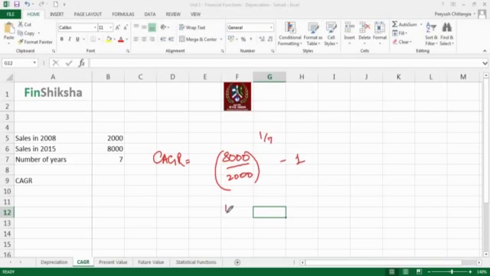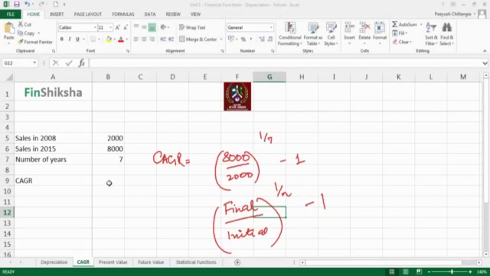In other words, if we generalize the formula, it's the final number divided by the initial value, raised to the power 1 by the number of years n, minus 1. That's the generic equation we have to solve for.